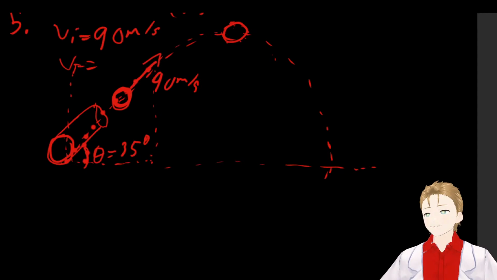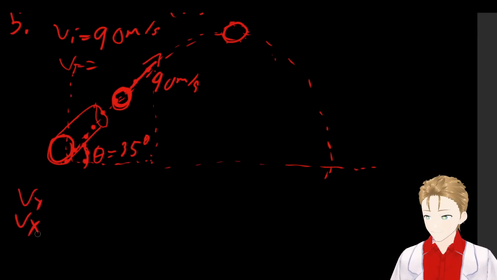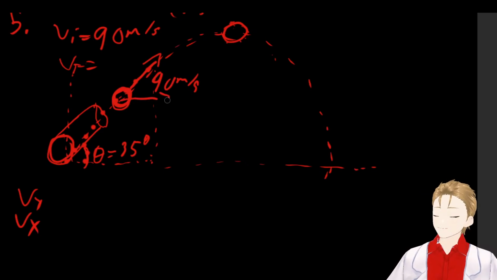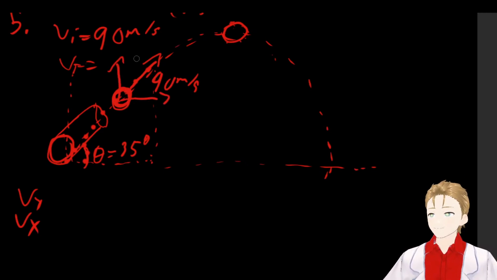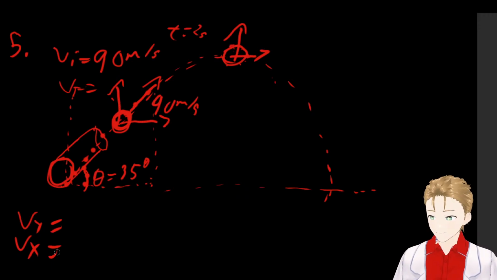Because the base case is that we have some Vy and some Vx. Those velocities, the Vx, Vy velocities, or speeds in this case.